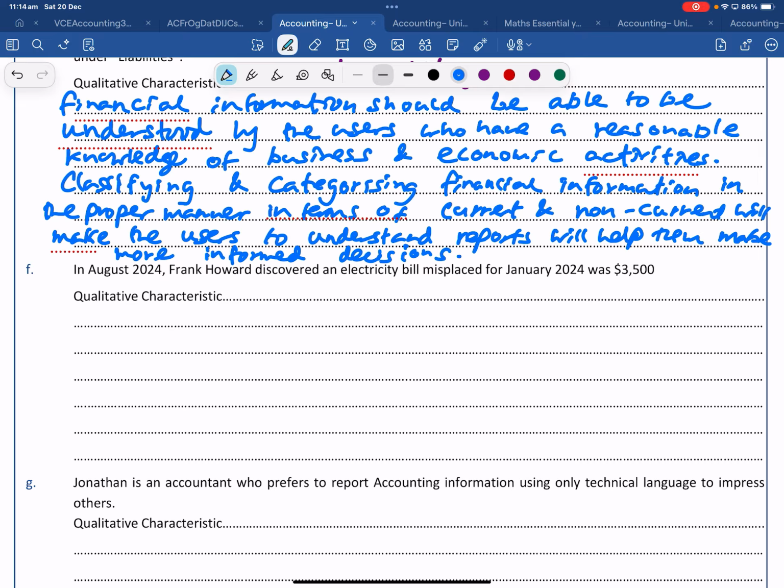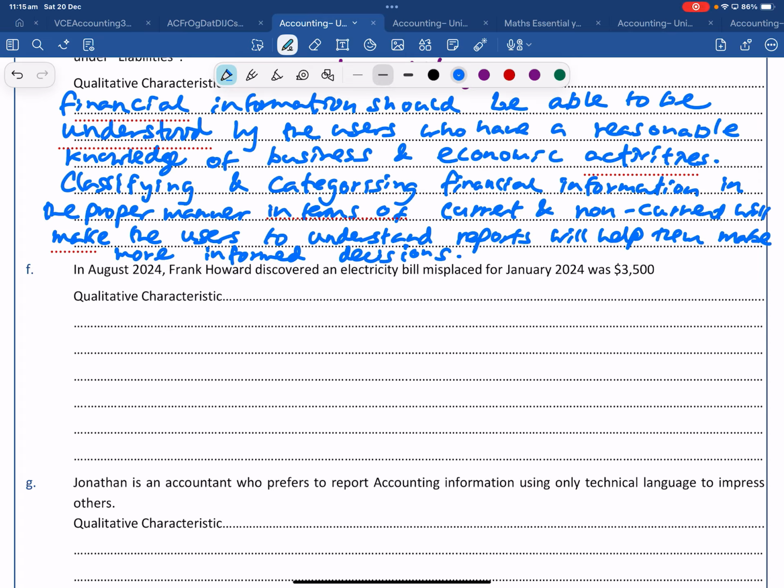Yes. Why timeliness? All the information was recorded too late. Yes, basically, in August. So it can't be used for decisions because it's too late. Yeah, too late. In August 24, Frank discovered the electricity bill misplaced for January. So that means he's basically discovering it after 7-8 months. It's a delayed report, so it's basically not time effective.